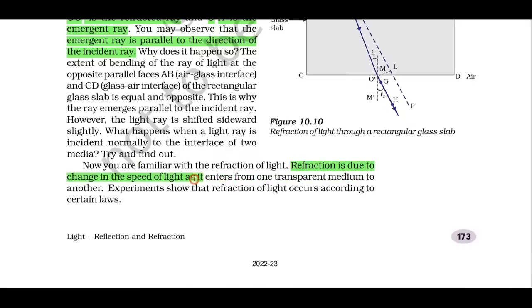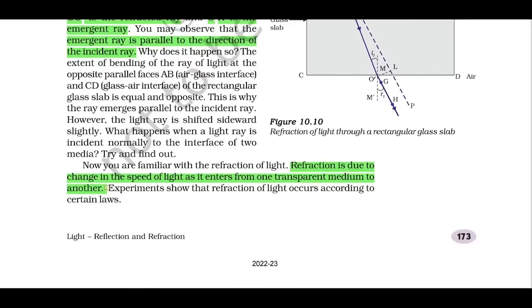So refraction is due to change in the speed of light as it enters from one transparent medium to another. The refraction occurs because of the change in the speed of the light. That means when the light travels from one medium to another medium, the speed of light changes.